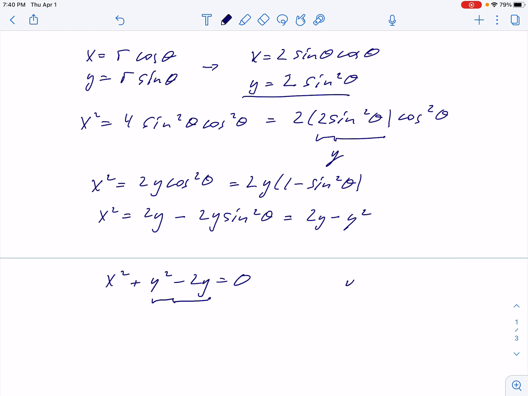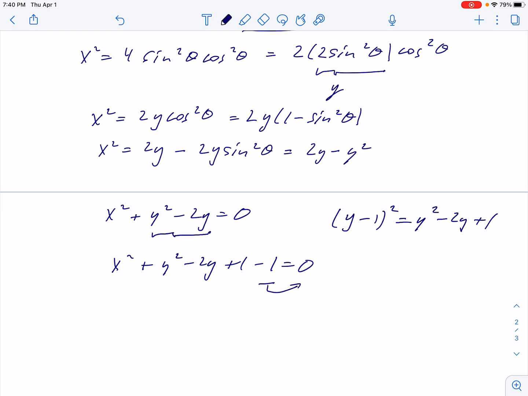If you take y minus 1 squared, this will be y squared minus 2y plus 1. So we can add and subtract 1 here and write it x squared plus y squared minus 2y plus 1 minus 1 equals 0.